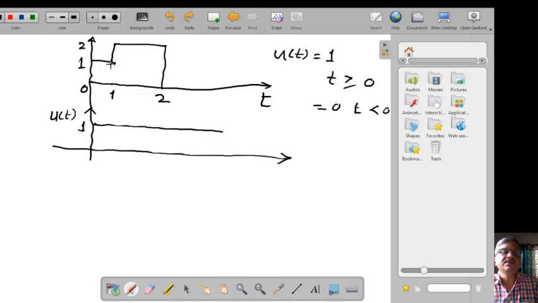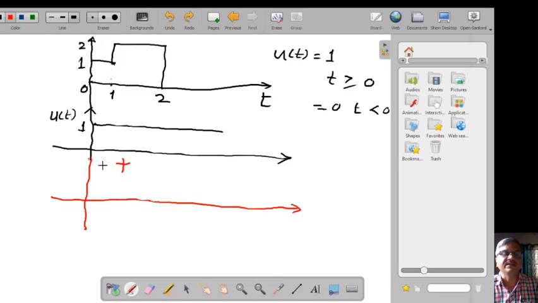Now you observe, this signal will exist only up to this point, that is t is equal to 1. At t equal to 1, what is happening? The amplitude of this signal, that is u of t, will be increasing to 2. So what am I doing? I am adding a unit step at this point. So I add to this signal a delayed version of the u of t signal.